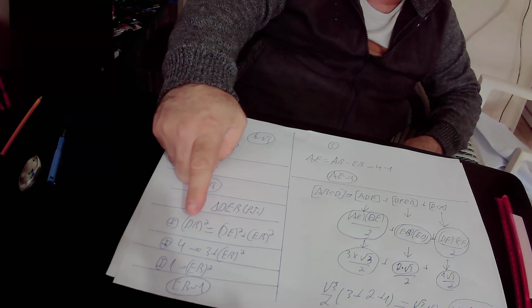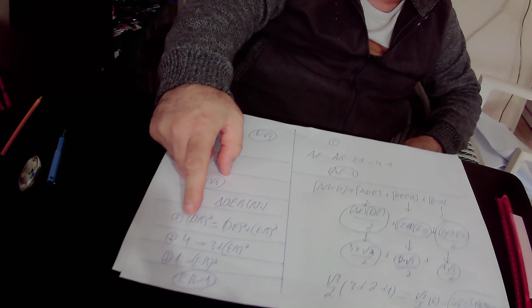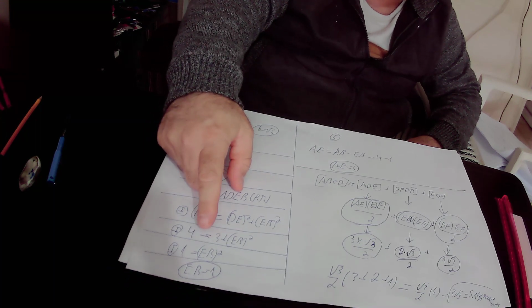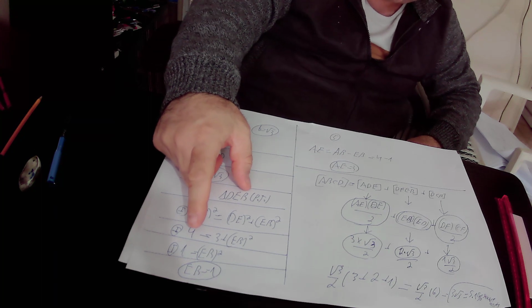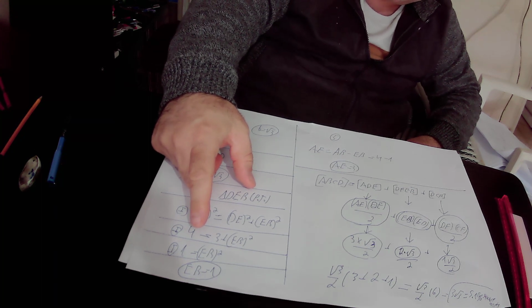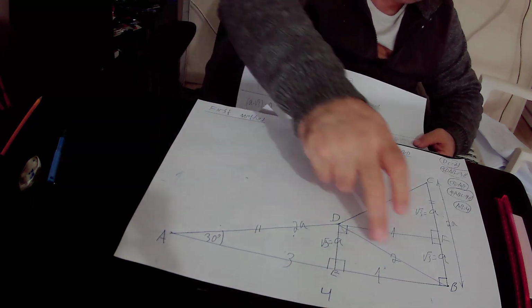We subtracted 3 from this equation, and we got that 4 minus 3 is 1, so 1 equals EB squared. We took the square root of this equation, and we got that EB equals the square root of 1. So the square root of 1 is 1, so we found out that EB equals 1.